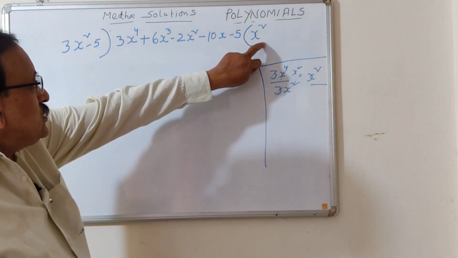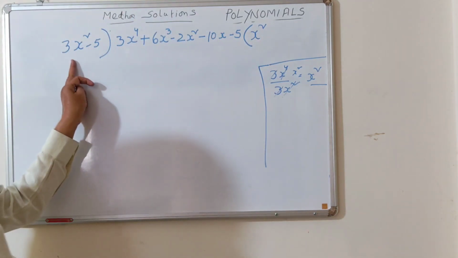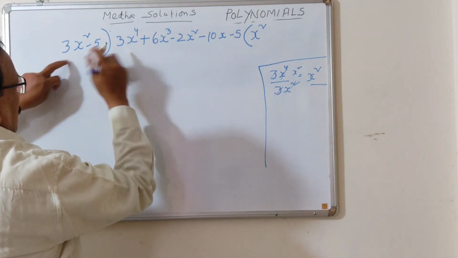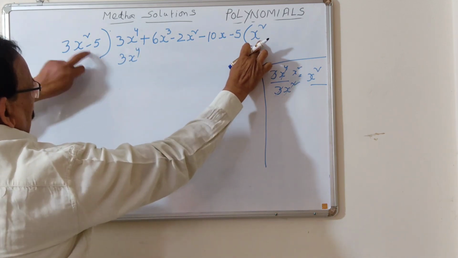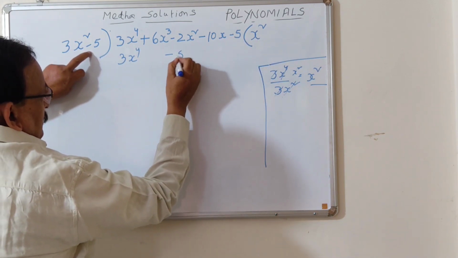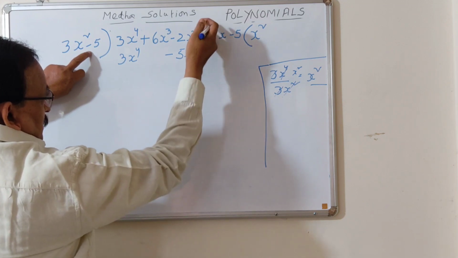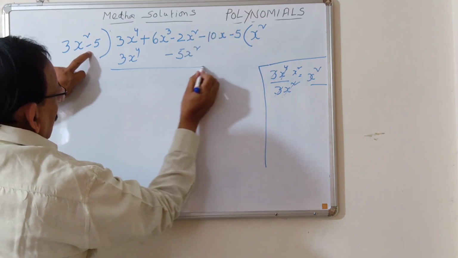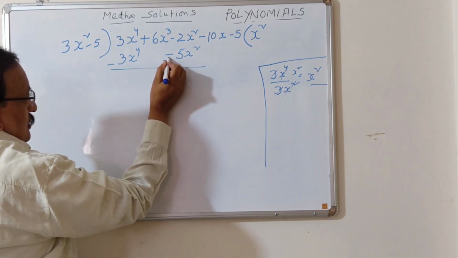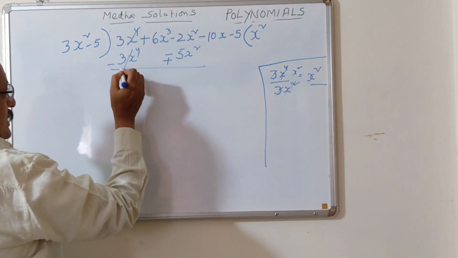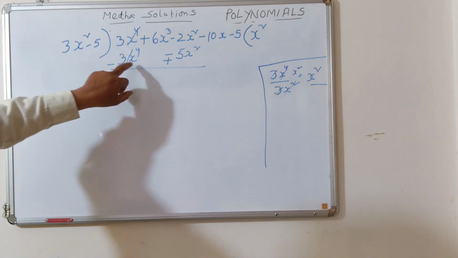And with this quotient you have to multiply this 3x square minus 5. x square into 3x square is 3x power 4. x square into minus 5 is minus 5x square. Here you have to write it because the x square term is here. Now subtraction, so change the symbols. And this cancels, 3x power 4 minus 3x power 4.